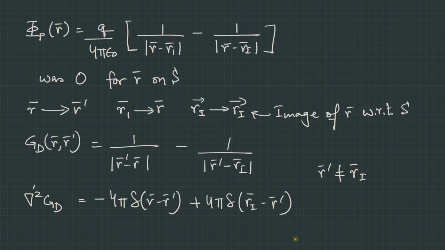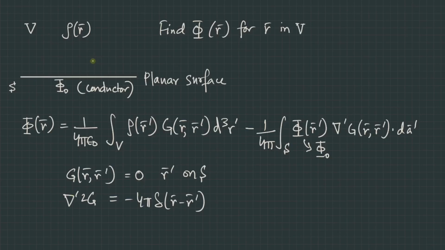Why is it so? Because by definition, this r prime is always in this volume V, and ri is always outside the volume V, as it is the reflection of r with respect to the surface. So it has to be outside the volume V, and r prime is inside the volume V.